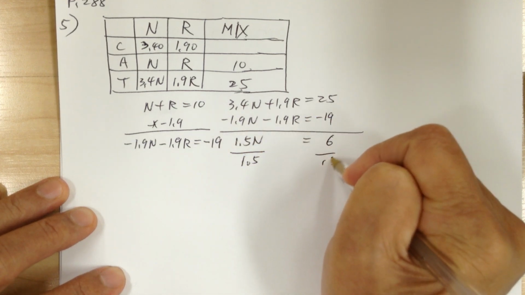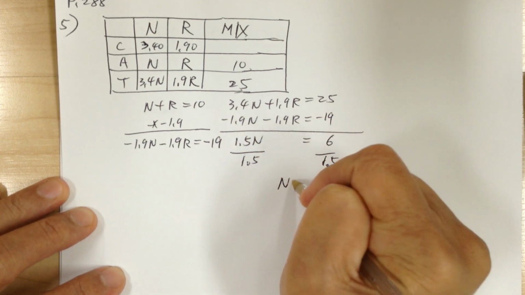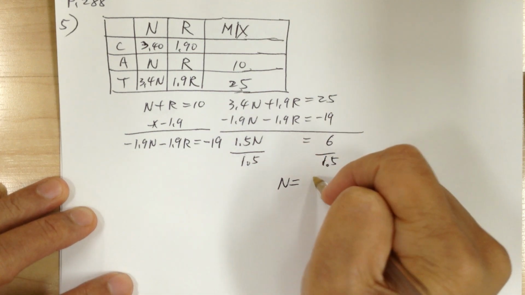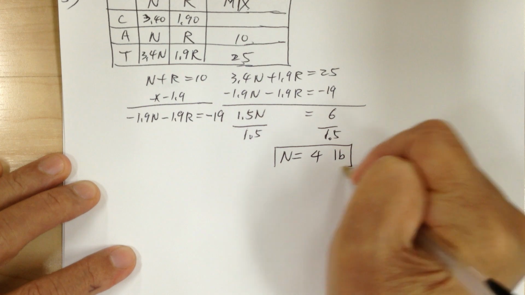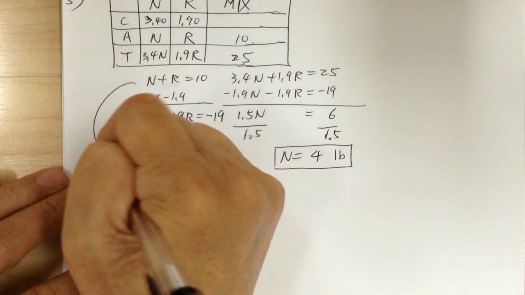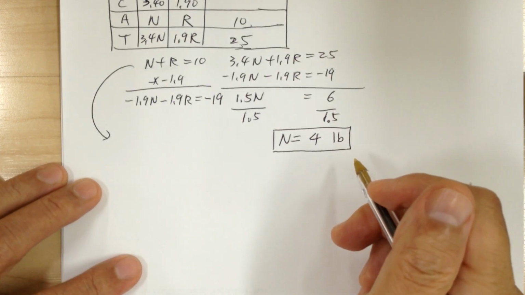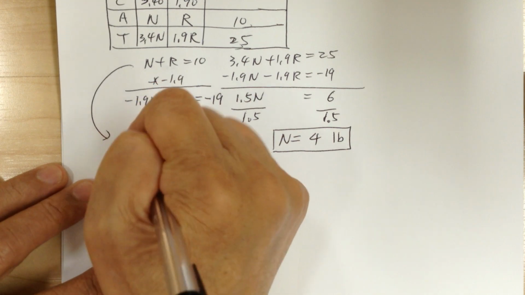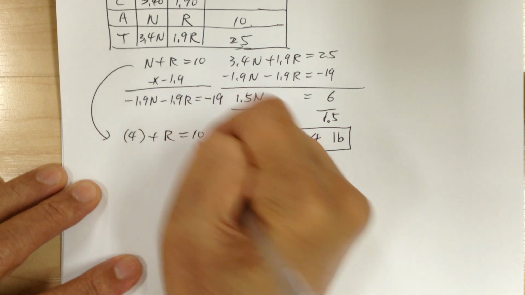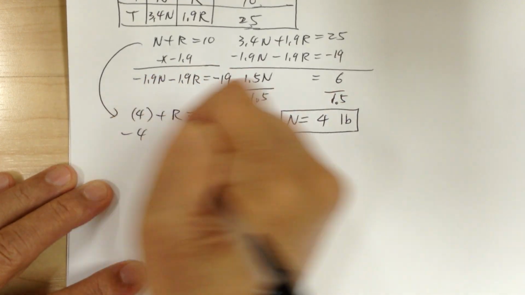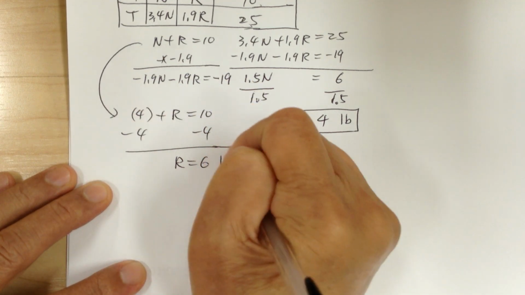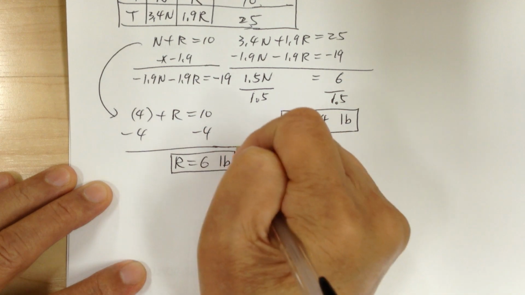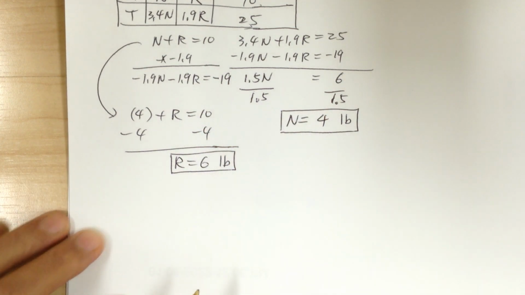So N equal to 4, and this would be pounds. After that, you come over here and use this equation to solve for the raisin. So you got 4 plus R equal to 10, minus 4 on both sides. So R equal to 6 pounds. Okay, and that's it.